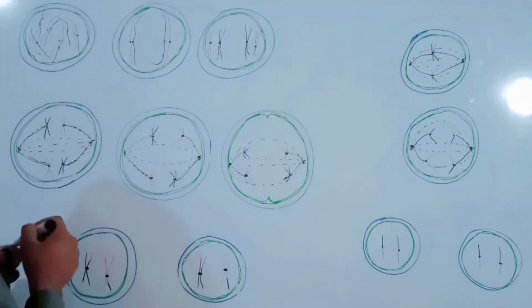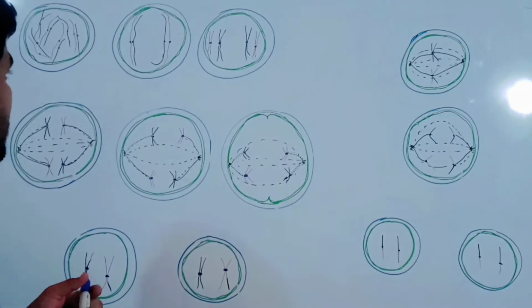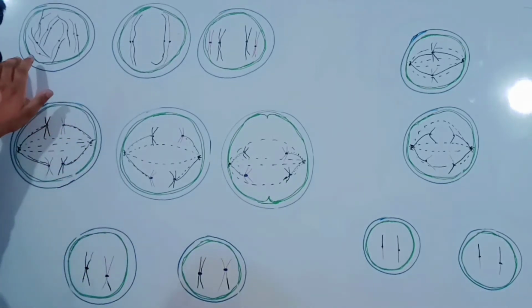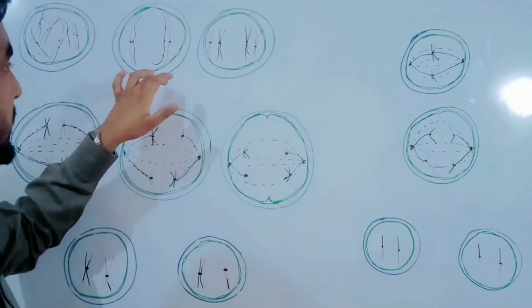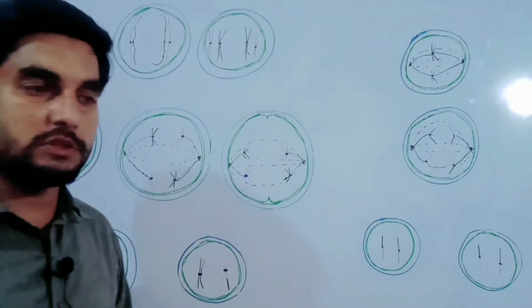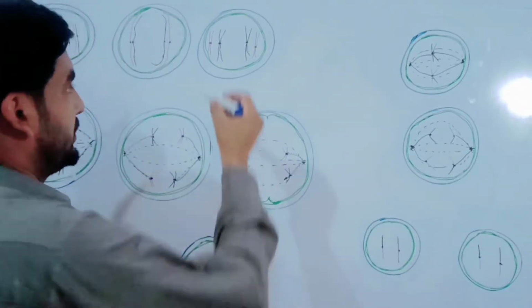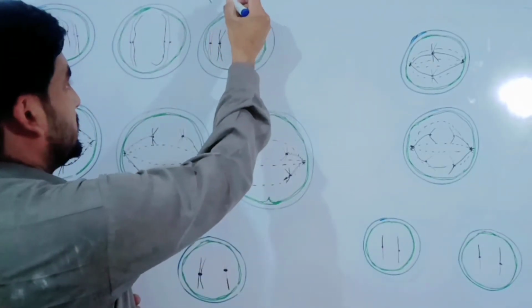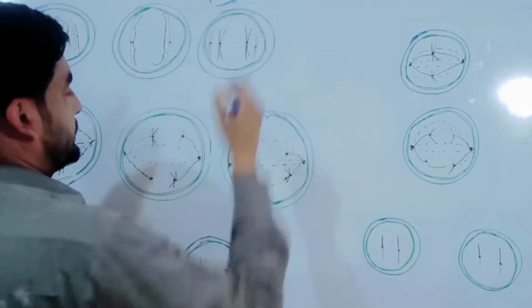This is the starting of the meiosis, in which the chromosomes which were present in the form of chromatin are now being paired, and the process of pairing occurs in the phase called prophase. So this is prophase. In this phase the pairing of chromosomes occurs.